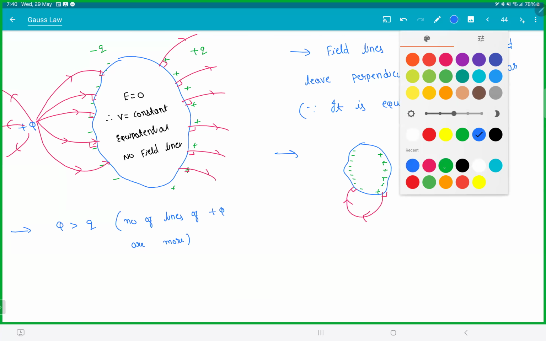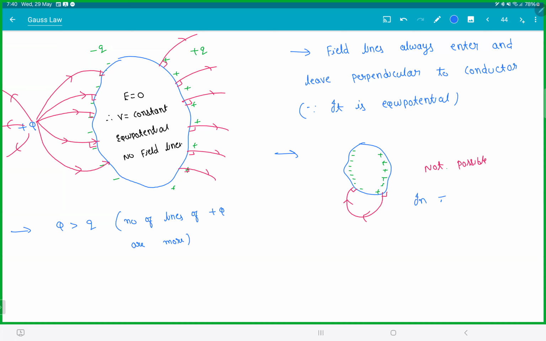Reason, in the direction of field potential changes. But the conductor is equipotential. Clear, everyone?